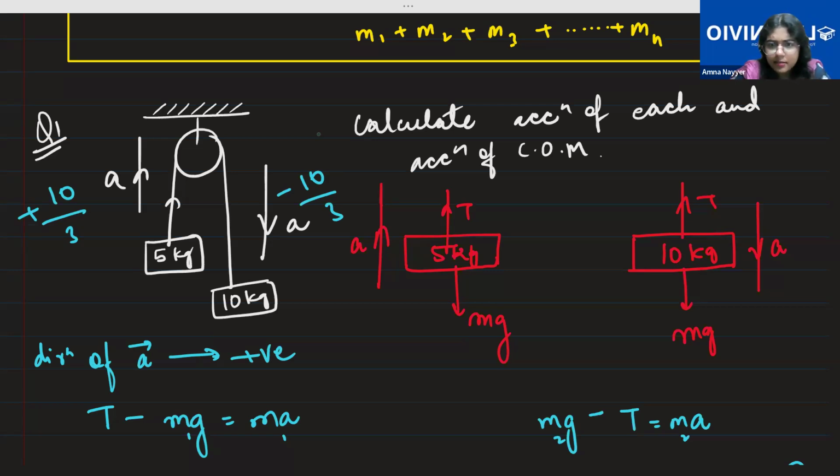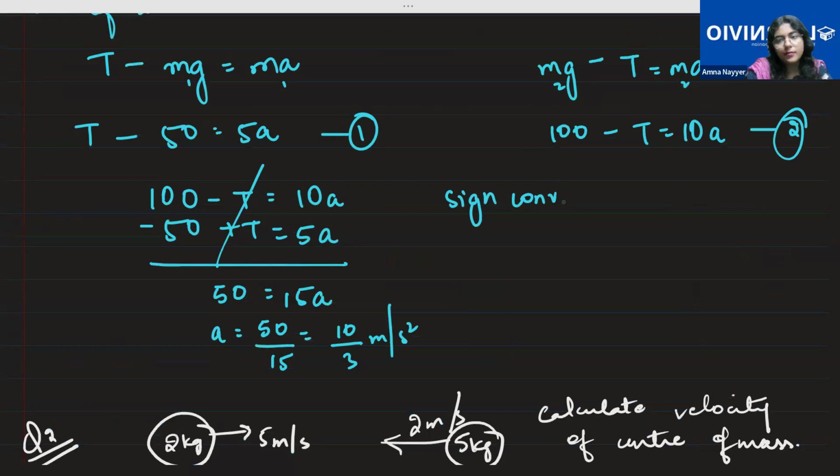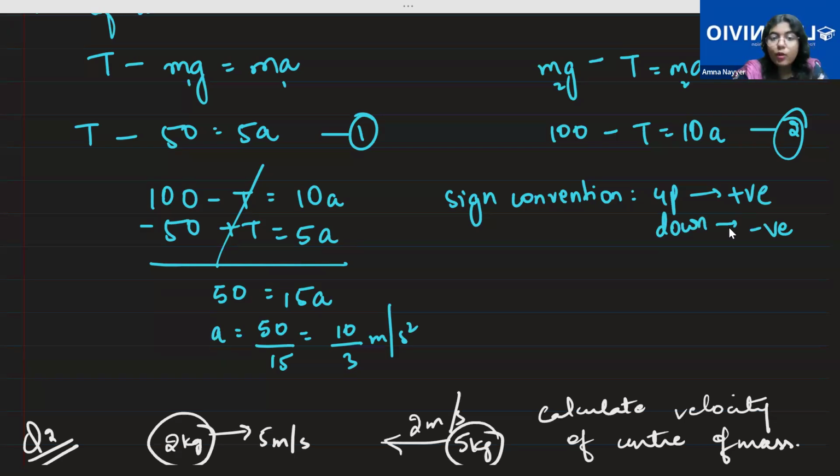You can change that, you can write anything, but you have to mention it. My sign convention will be up is positive, down is negative. If I want, I can interchange that. That's up to me. I just have to mention what I have chosen as my sign convention.